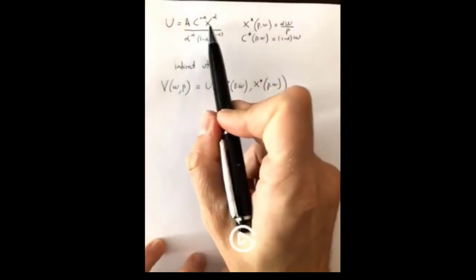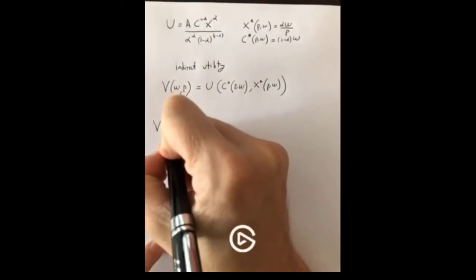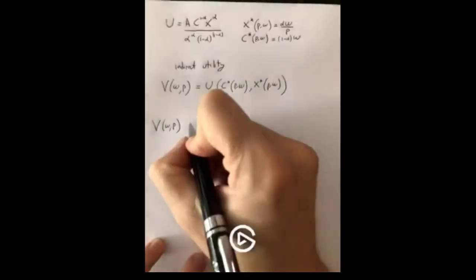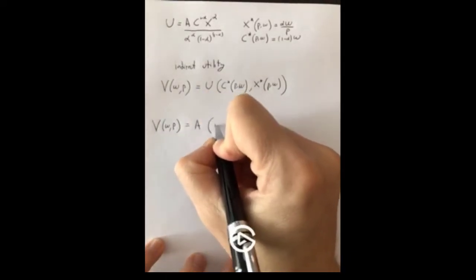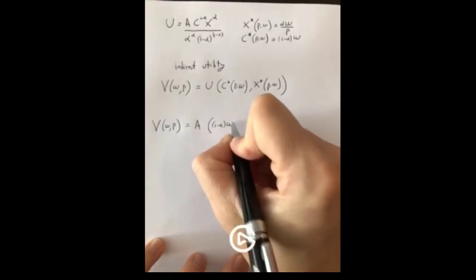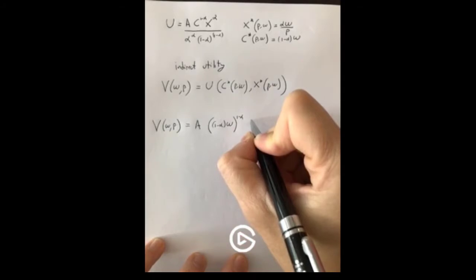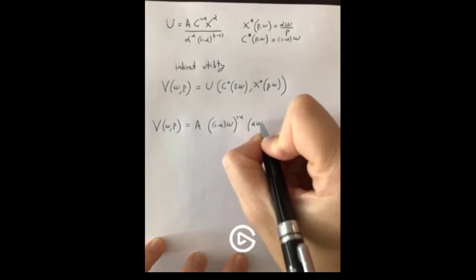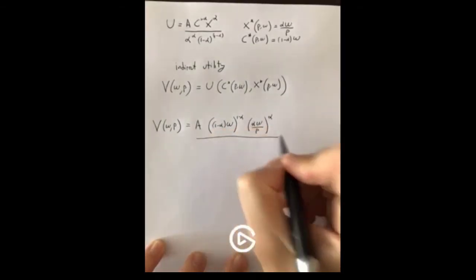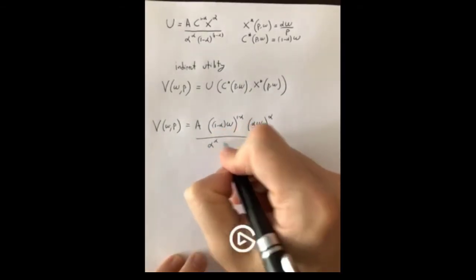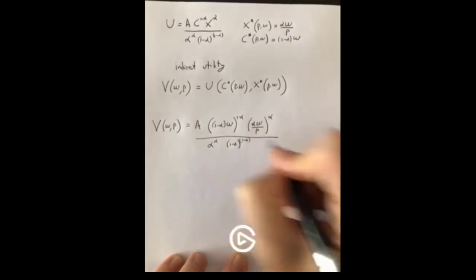Well, let's replace C and X with these two formulas. So V of W, P is equal to A, that multiplies (1 minus alpha) times W with exponent 1 minus alpha, that multiplies alpha W divided by P with exponent alpha, divided by alpha with exponent alpha, and (1 minus alpha) with exponent 1 minus alpha.